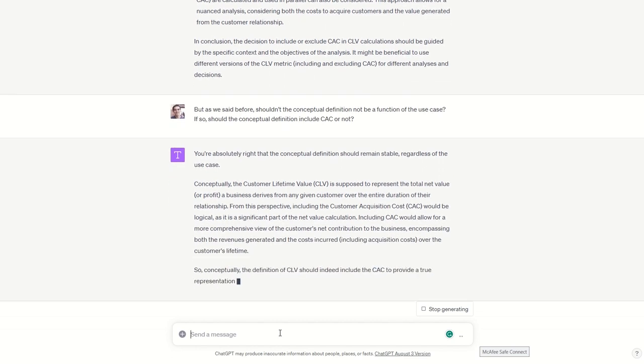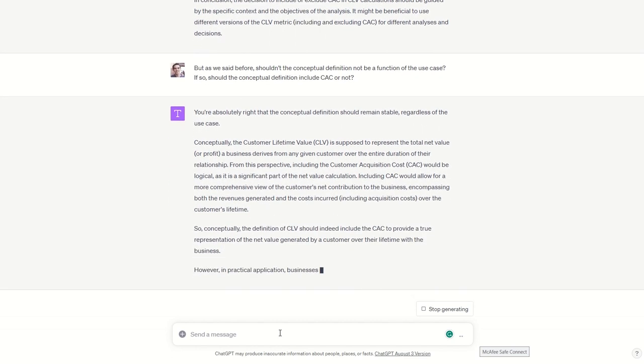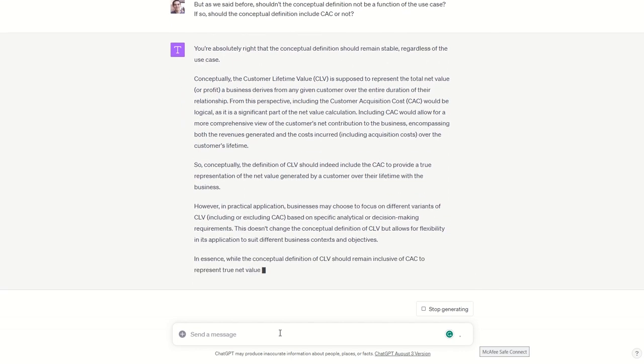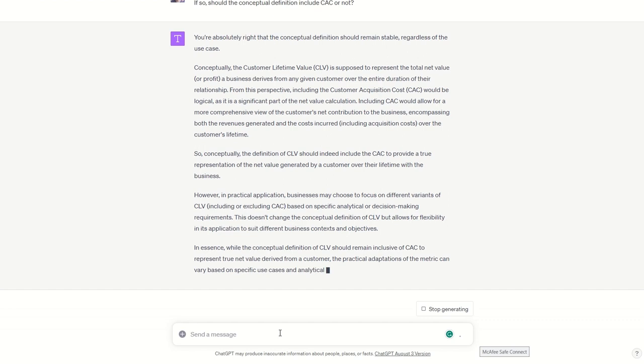Yep, bingo. So, needless to say, I would agree with this: that CLV conceptually should include CAC. So conceptually, GPT is saying it should include CAC, it should be indefinite horizon, it should be profit-based.